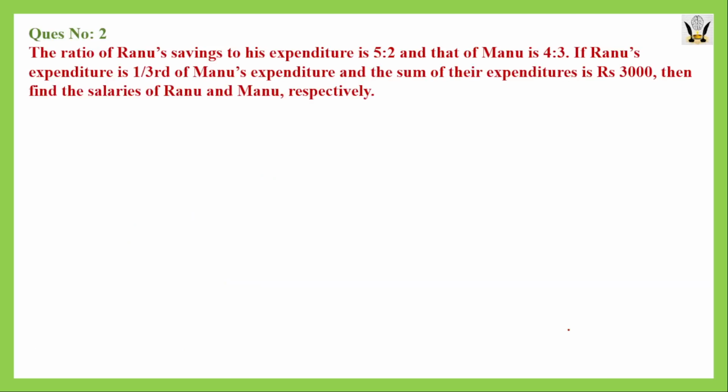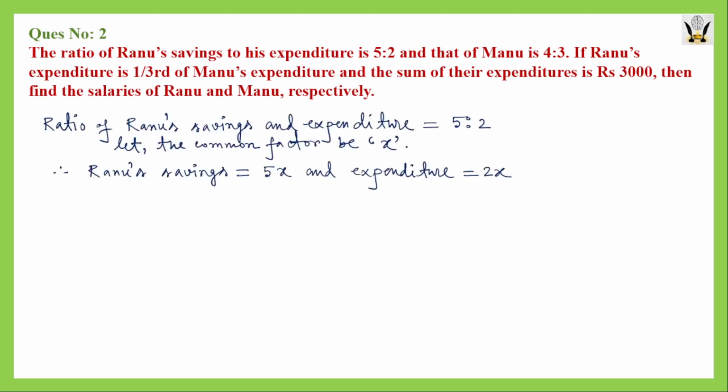Now the next question says that the ratio of Ranu's savings to his expenditure is 5:2. The ratio of Manu's savings and expenditure is 4:3. So as per the given statement, the ratio of Ranu's savings and expenditure is 5:2. If we assume that the common factor is x, then Ranu's savings is 5x and Ranu's expenditure is 2x.